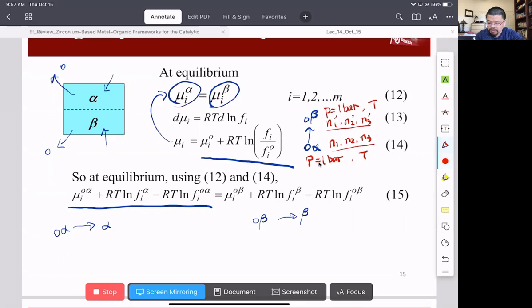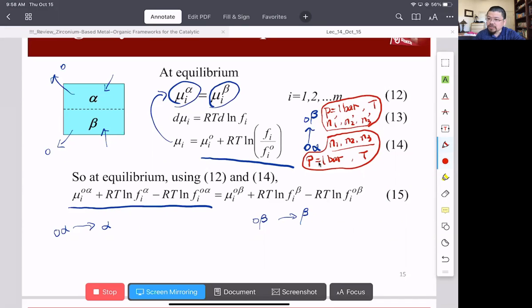So this is why, in order to define the state, we need to look at temperature, pressure, and the composition. And for the standard state, the pressure should be the same. That is the requirement by IUPAC, by the definition. Temperature should be the same. That is a requirement for the equilibrium, right?